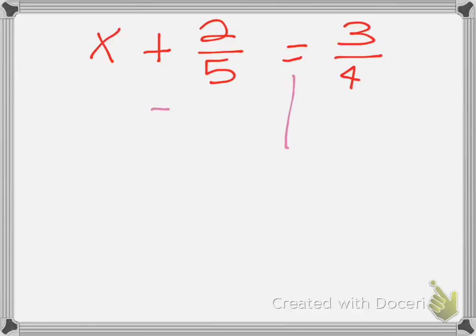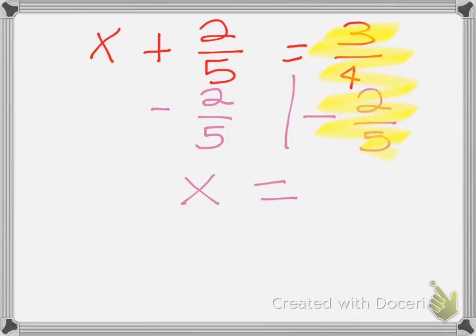Okay, so we are going to use subtraction because this 2/5 is being added to our variable. So if 2/5 is being added, to undo that, we are going to subtract 2/5 from each side. So now we just have to do this problem here, which is 3/4 minus 2/5 to figure out what x is going to equal. So we can just do that down here.